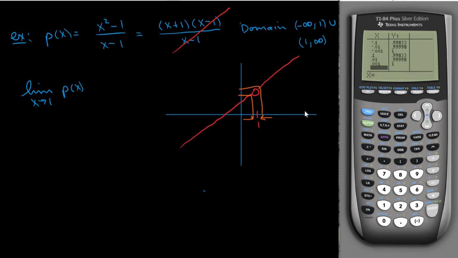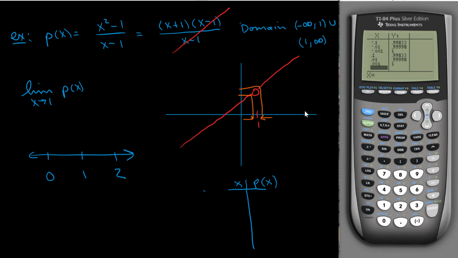Well, the y values that we're going to get can once again be evaluated using a table, just as we did in the last two. So we can set up our table down here, with my x values and my p of x values. If I set up a number line, I'm interested in getting closer to 1, so I'm going to be coming in from the 0 and from the 2 side.